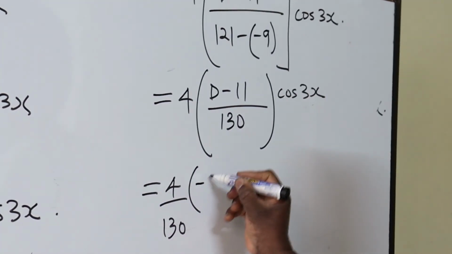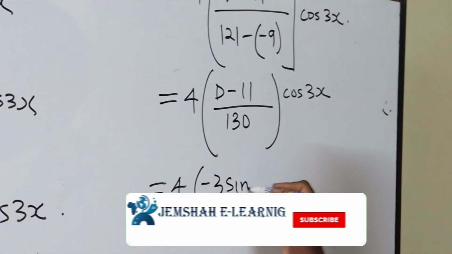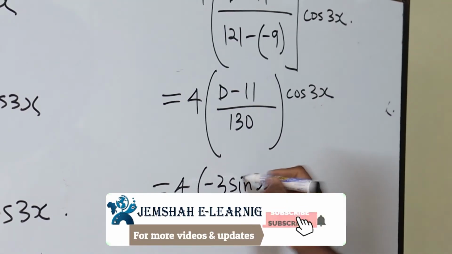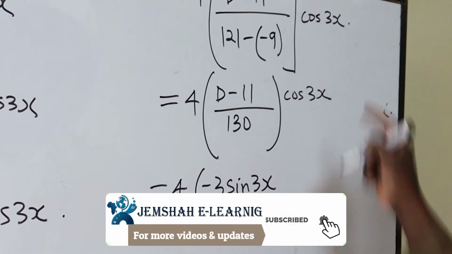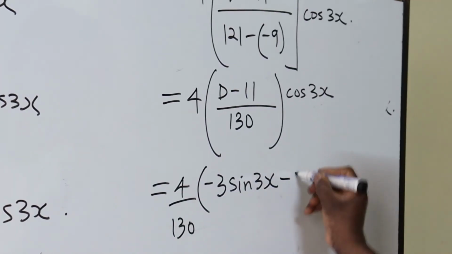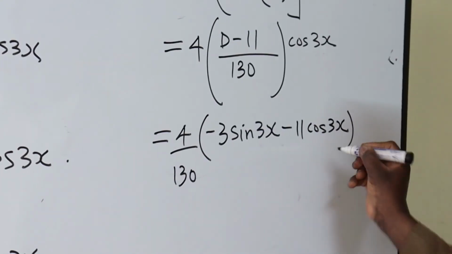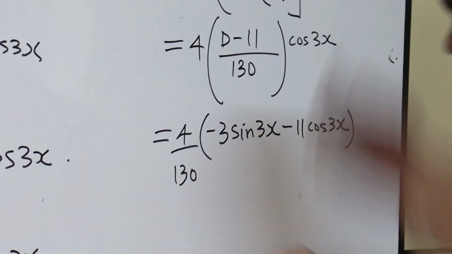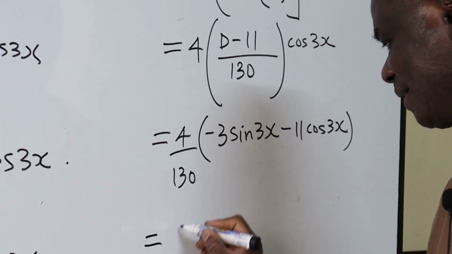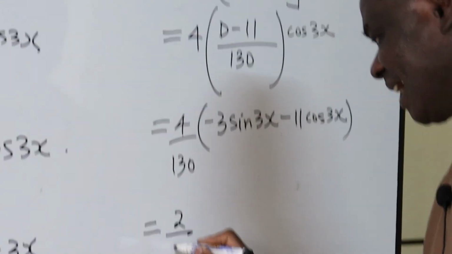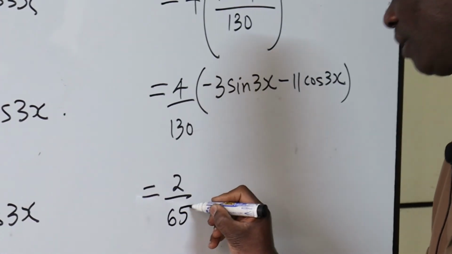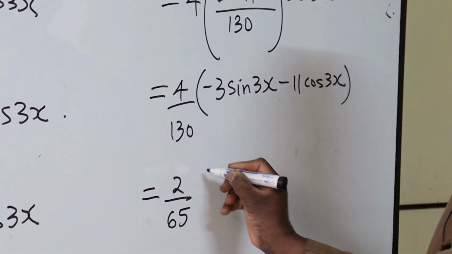Which will be 4 all over 130 into D times cos 3x, we get minus 3 sin 3x, minus 11 times cos 3x, we get minus 11 cos 3x, which simplifies to 2 all over 65.